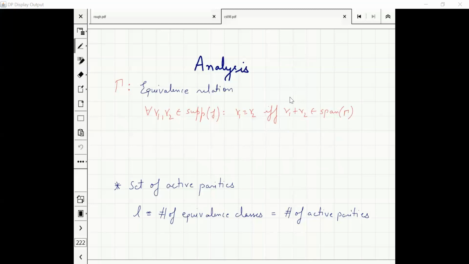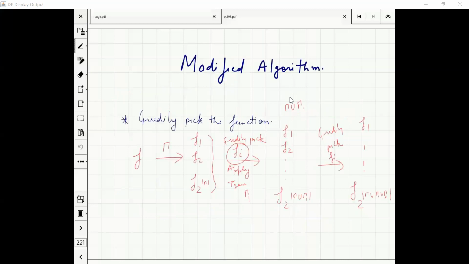So let's get back to our analysis. At any point, I would have fixed some gamma set of parities, and from that, I can define an equivalence relation, which is the same equivalence relation which we saw in the beginning of the case. My proof of this will revolve around two things.